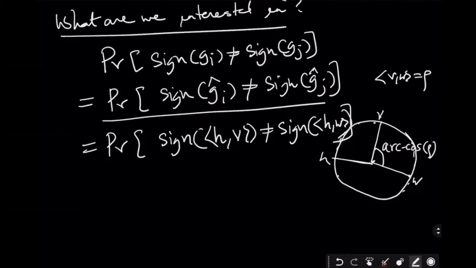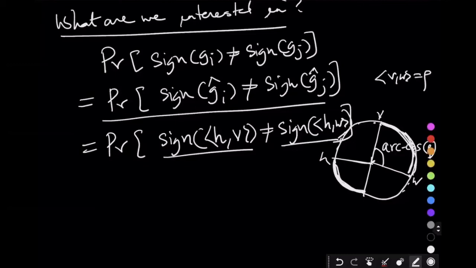So what's the chance that sign of H·V differs from that of sign of H·W? H·V and H·W are just projections of V and W on the direction H. They have differing signs only when H, when normalized, lives in the region I'm marking out here, basically the region between the smaller arc between V and W. Let's use yellow to describe it.